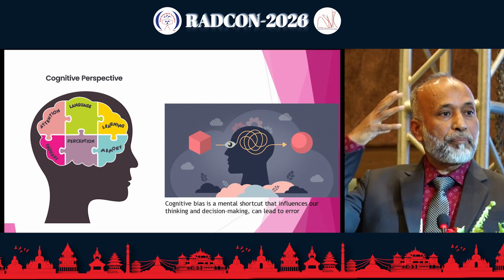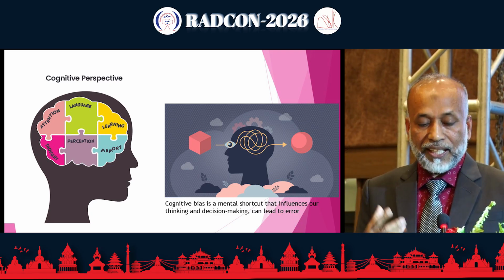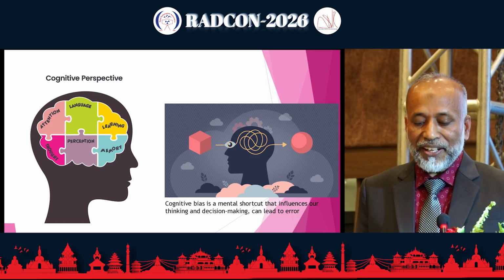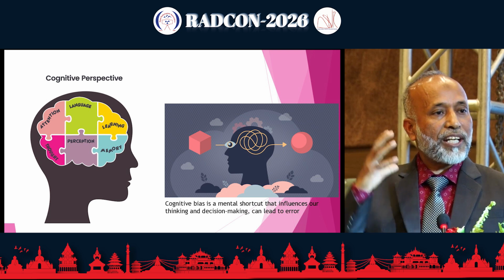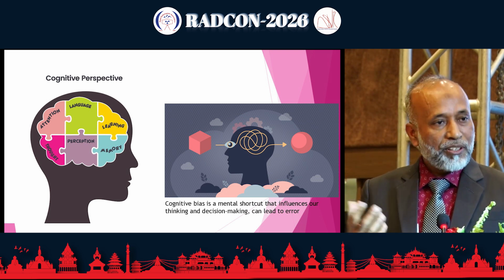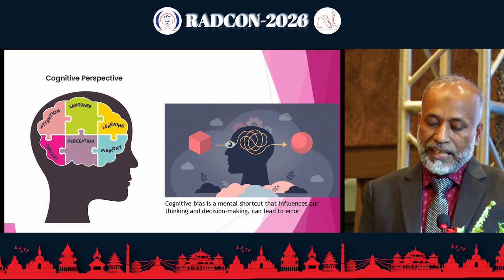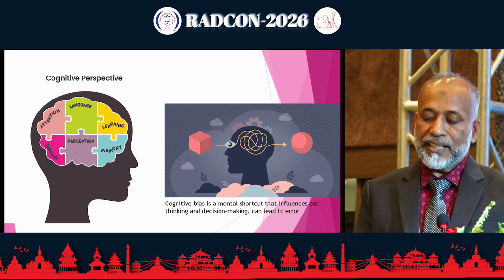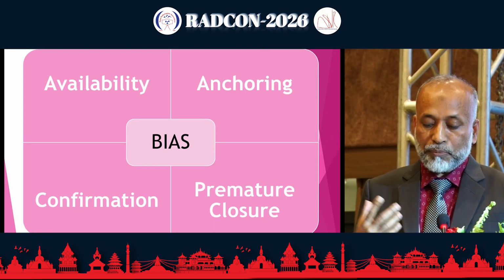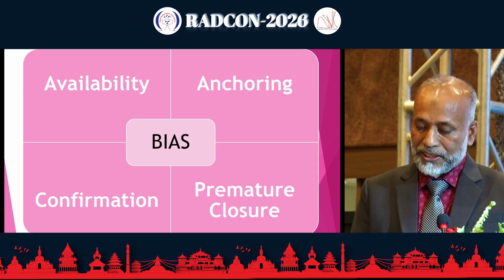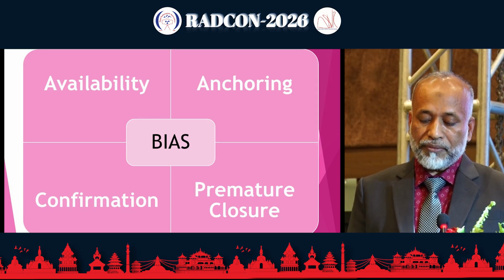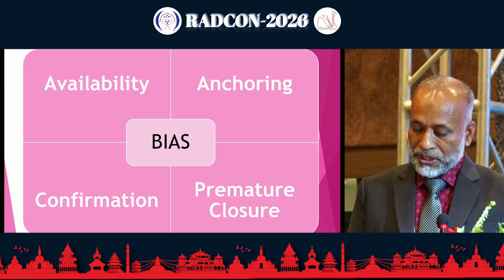Our brain has some preloaded programs like attitude, memory, learning, and perception. What we see as a cube, the brain may interpret as a circle. The common biases are availability bias, anchoring bias, confirmation bias, and premature closure.